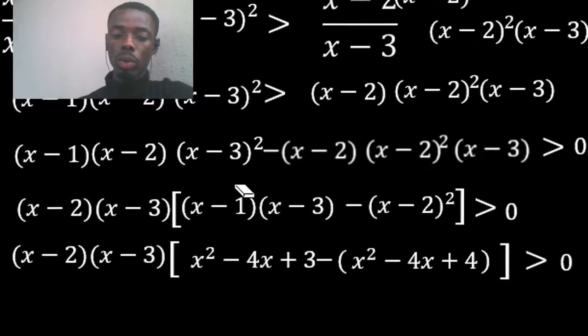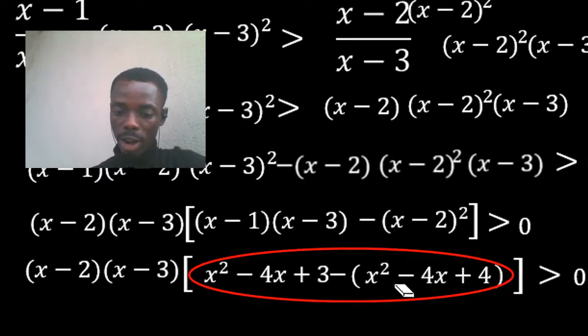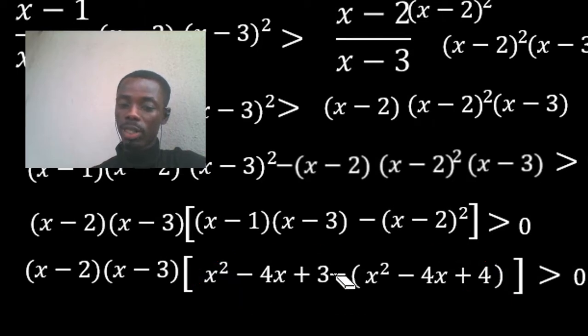Okay, so with that done, if I should simplify this square bracket, I want to subtract every value here from what I have outside there. Remember, there is a negative here. So with this negative, here is also x squared in the bracket. With this negative, this x squared and this x squared already go for each other. They cancel each other. Here is minus 4x and here is another minus 4x. Because of this negative, they cancel each other already.